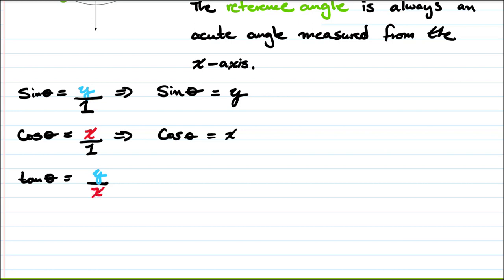So on the unit circle, we get the following definitions for our trigonometric functions. Sine theta is the y value on the unit circle. The cosine of theta is the x value on the unit circle for the rotation. And tangent theta is y divided by x.